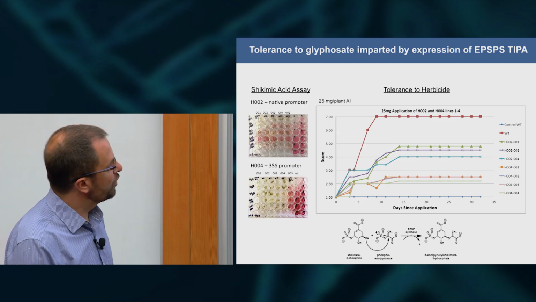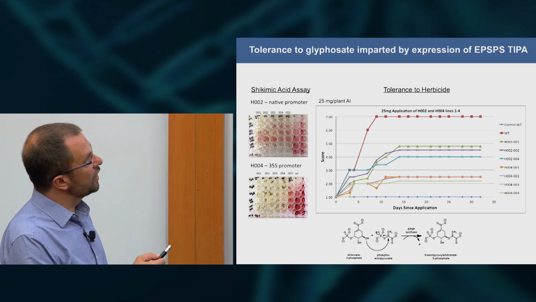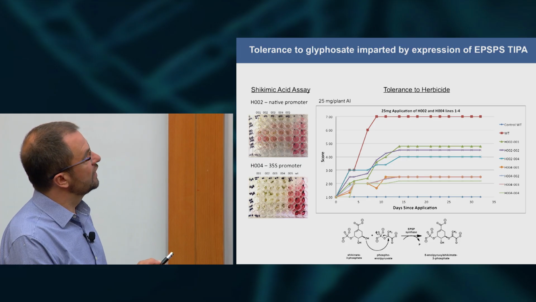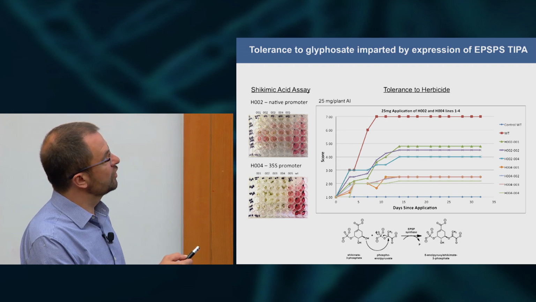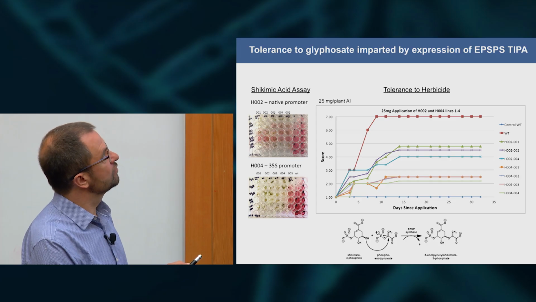And there's a nice colorimetric assay. These 2 rows here show proteins extracted from wild-type plants with increasing amounts of the herbicide glyphosate. And as you inhibit this enzyme more and more, you accumulate more and more of the shikimate, and so you see the increasing pink color with more herbicide application.